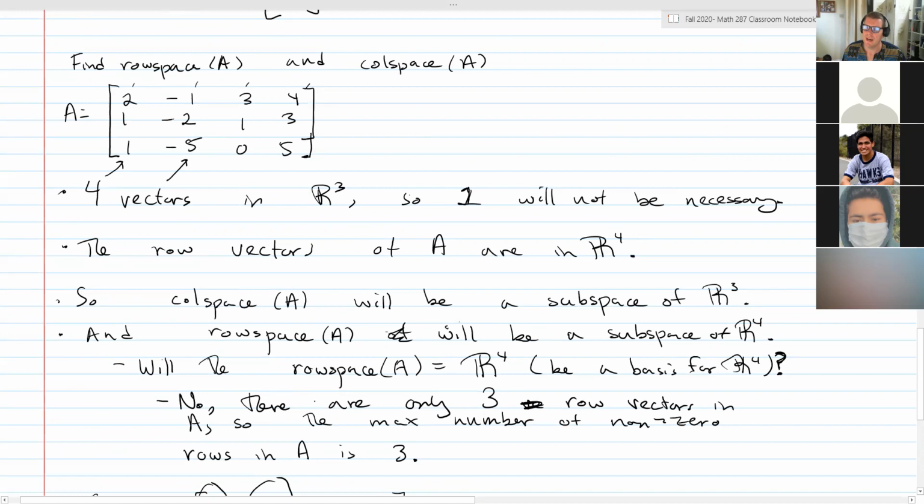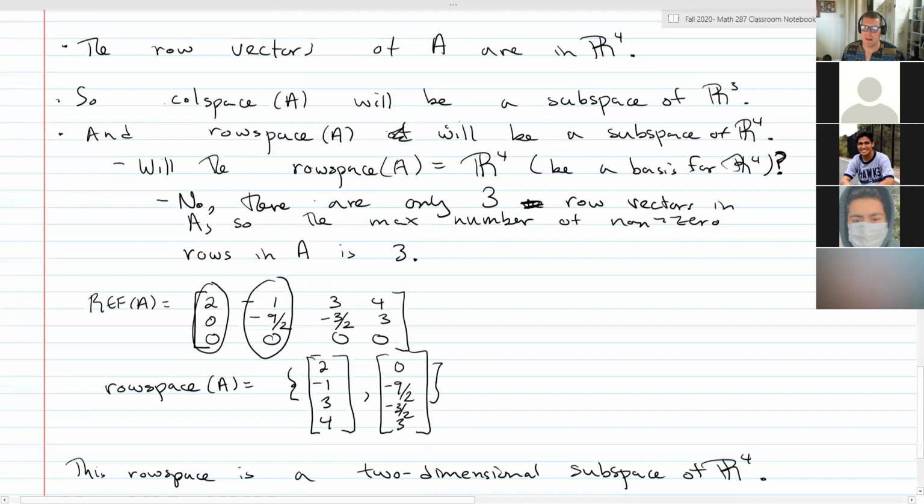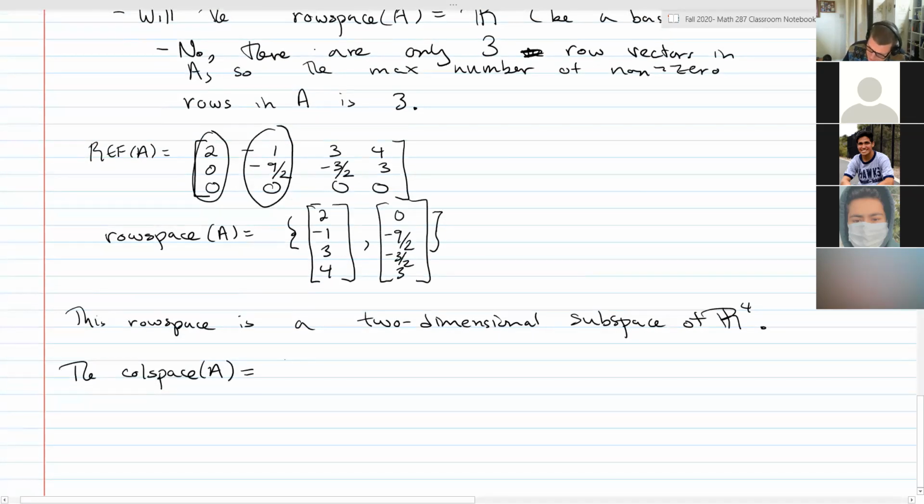For the column space, anywhere I have a pivot in the REF of A, I translate that back up to A. Wherever those pivots were, location-wise, those two columns are the members of my column space. So the column space of A is going to equal (2, 1, 1) and (-1, -2, 5).